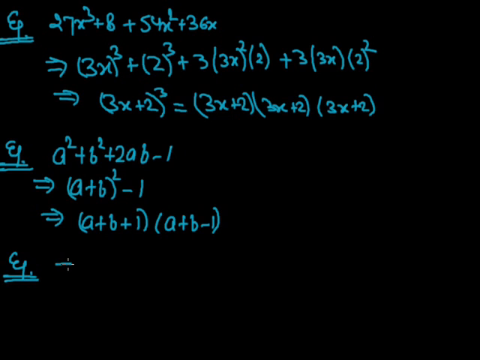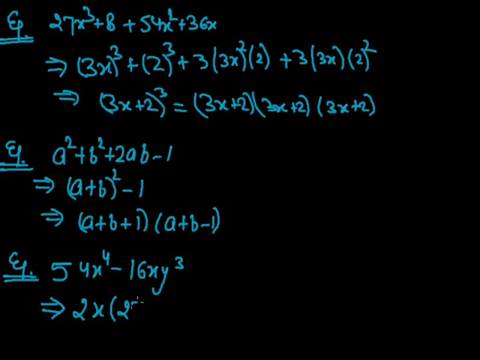We have to factorize 54x to the power 4 minus 16xy cube. First of all, we will see if we have any common factors between them. By looking, we can say that 2 is a common factor, as both terms are divisible by 2, and x is also common, so we are left with 2x(27x cube minus 8y cube).